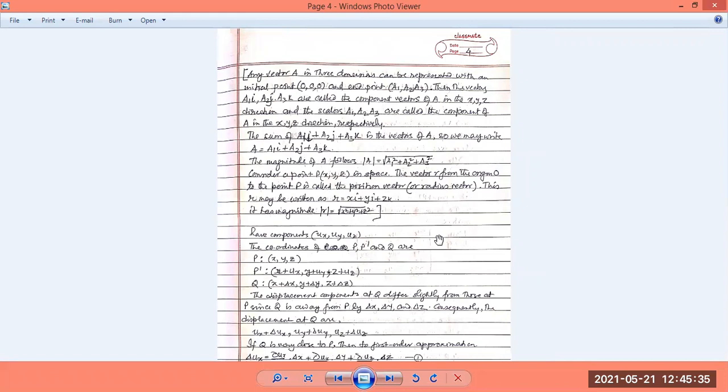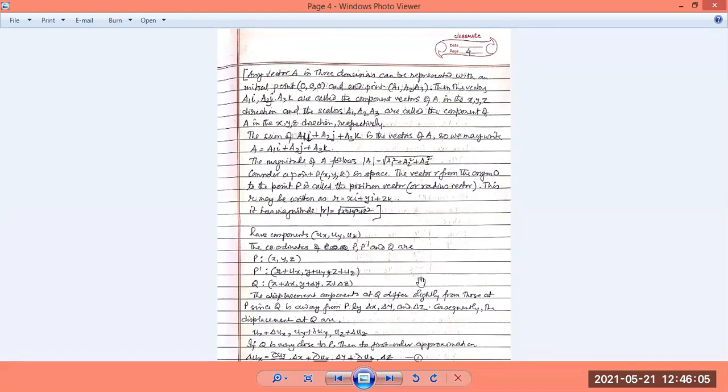The coordinates of P are (x, y, z), P dash is (x plus ux, y plus uy, z plus uz), and Q is (x plus delta x, y plus delta y, z plus delta z).